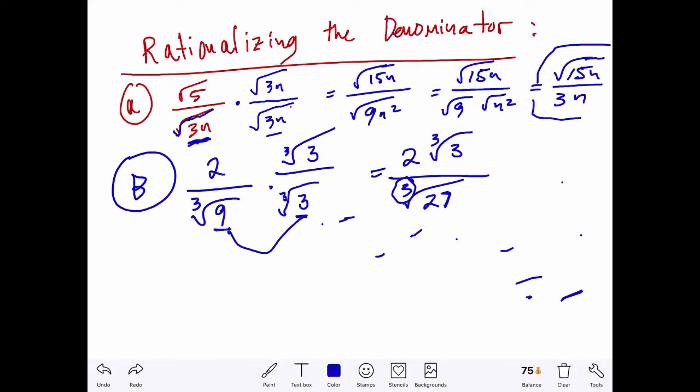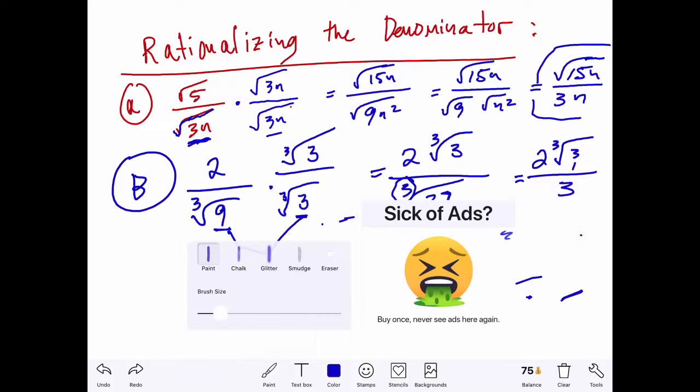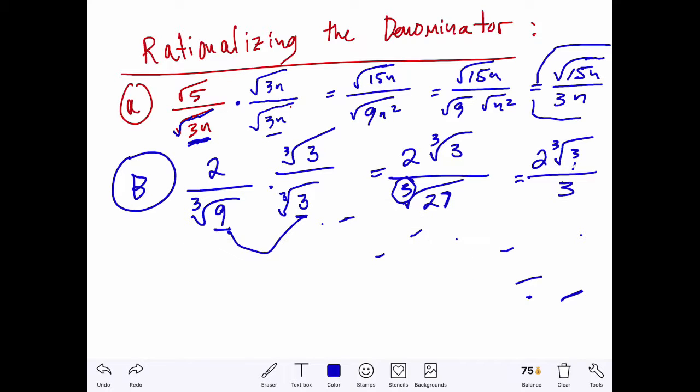So the cube root of 27 is 3, right? So I'm left with 2 times the cube root of 3 over 3. Okay, and now can I cancel the 3's? No, one's underneath and one's outside. Okay, so it's just going to be 2 times the cube root of 3 over 3.